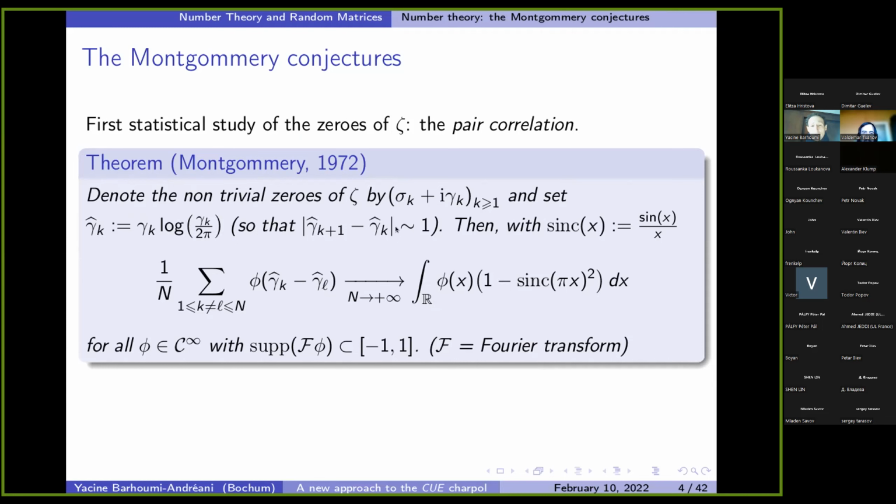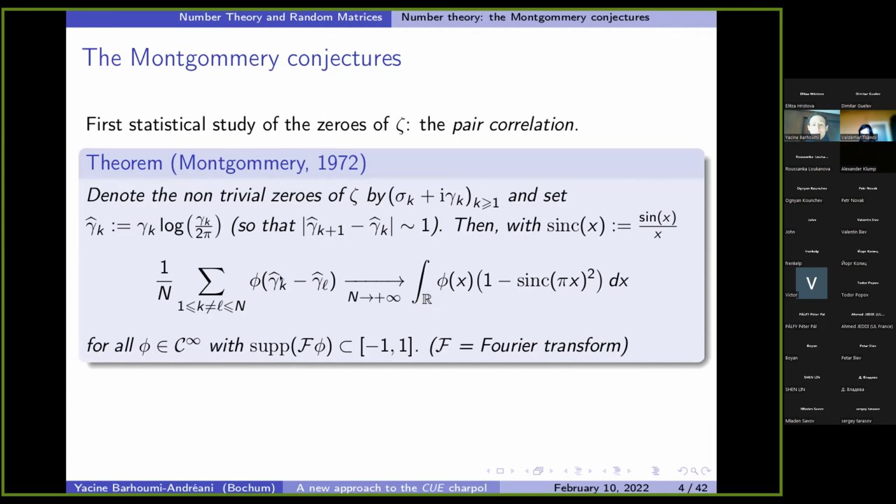By doing so, the spacing between two zeros is of order 1. You compute the following quantity of the zeros. You take a function phi, which is C infinity with the support of the Fourier transform between -1 and 1. And you compute this quantity, which is called the pair correlation.